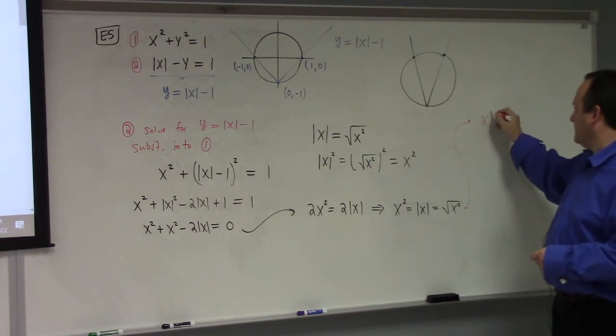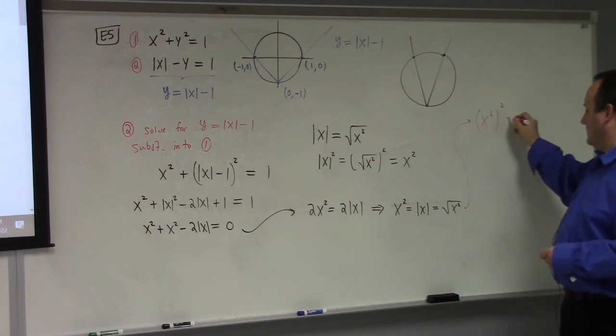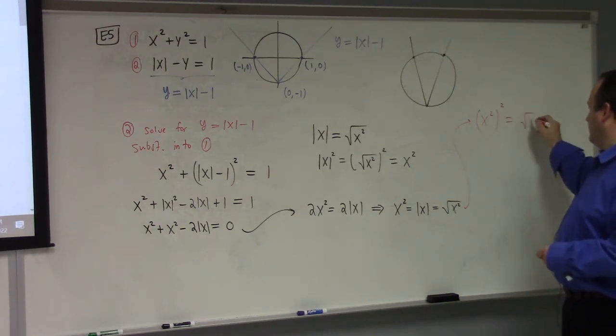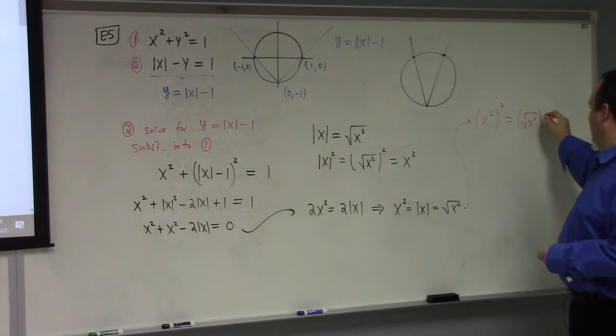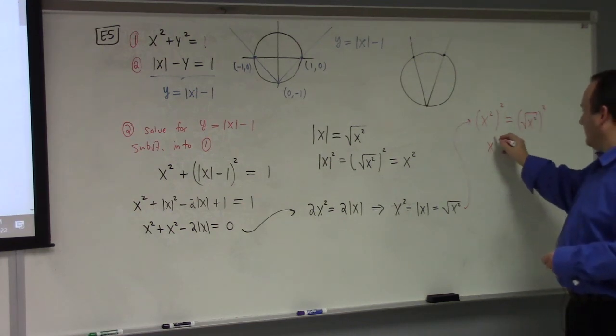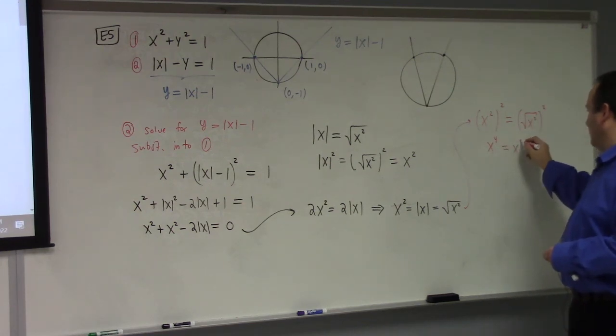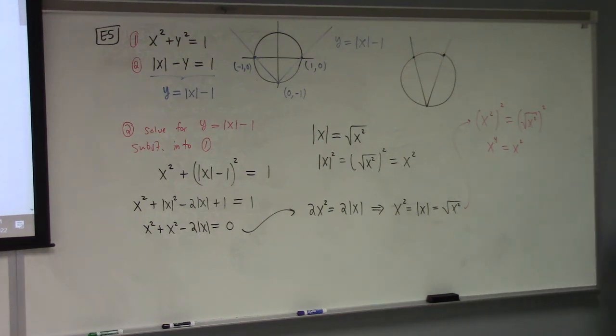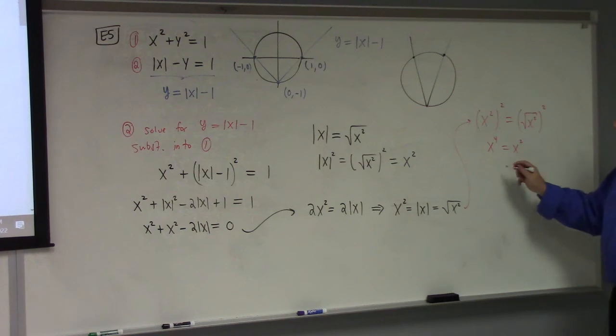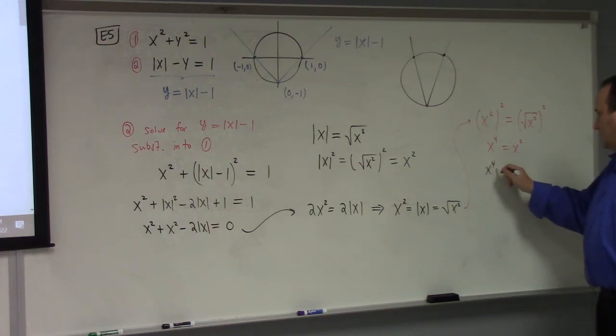I get x squared squared equals the square root of x squared squared, which gives me x to the 4th equals x squared, which then I can rearrange as x to the 4th minus x squared equals 0.